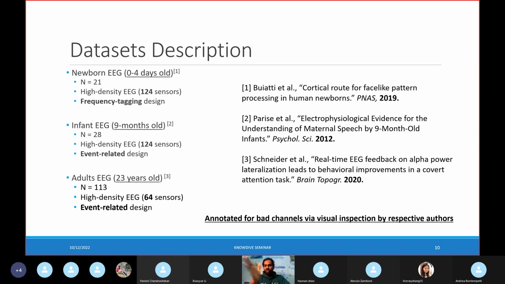Each file, they have to scroll through the data and then look for the bad channels. And the ground truth here is given to me by the respective authors of this study. Okay, so they are all public data sets, so you just use them, right? Exactly. In fact, we are kind of forced to accept this as the ground truth. Otherwise, we don't have any other way.